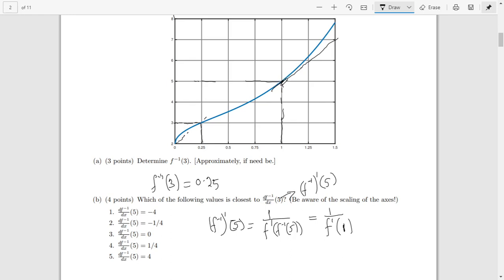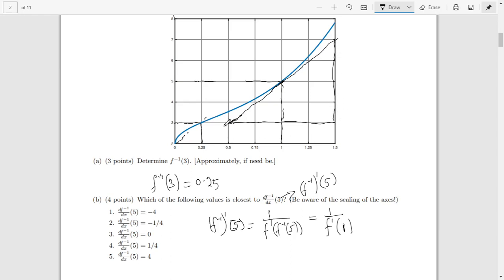This should actually be a straight line. But basically, this would be the tangent line. So I'll complete this as a right angle triangle.